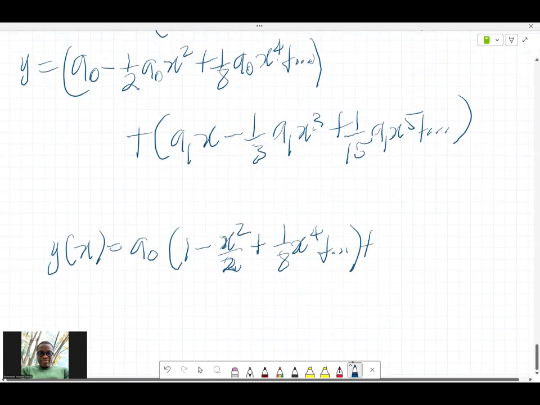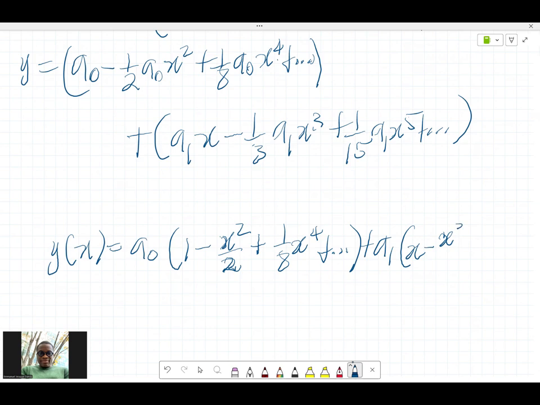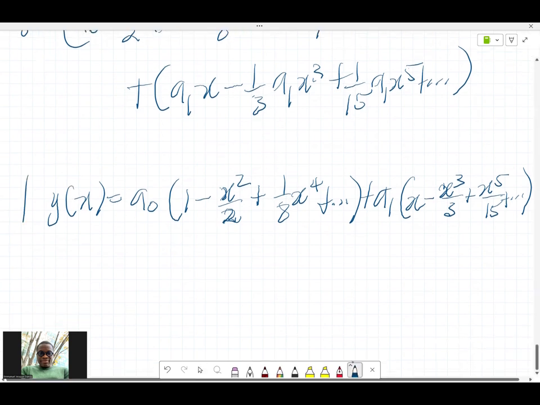And then now plus A1 into x minus x cubed over 3 plus x raised to power 5 over 15, and all that. So this is our solution to the problem. This is the final solution to the problem.